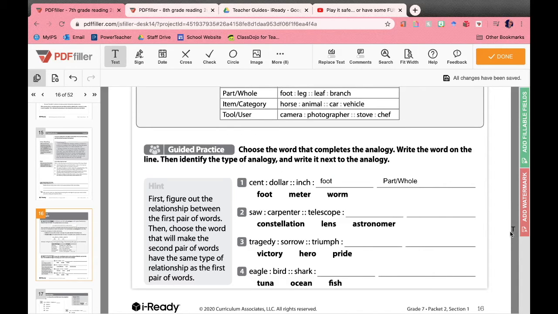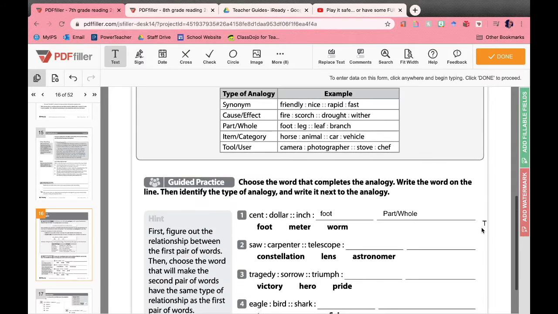Saw is to carpenter, as telescope is to what? Now, when it says saw, does it mean like I saw something, like I can see it? No. A saw is a type of tool that a carpenter uses. So which one talks about a tool and someone using that tool?